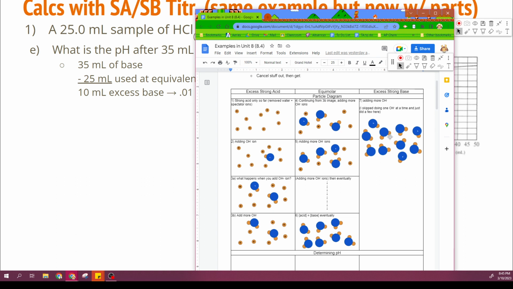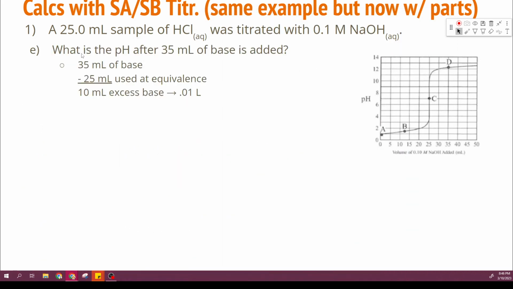And so we're trying to figure out how much OH I have left. And so the reason why I'm subtracting is because 25 mL again were used to neutralize all of the acid. There is now no more acid in that flask. And so now I have the base. And so I subtract them to see how much of the base I have left. And so I have 0.01 liters that are in addition to the water.